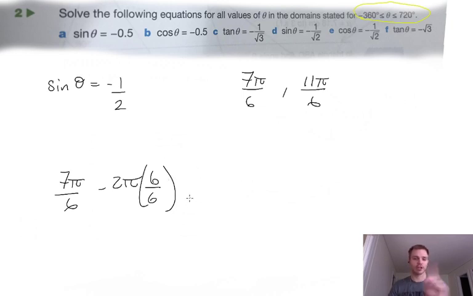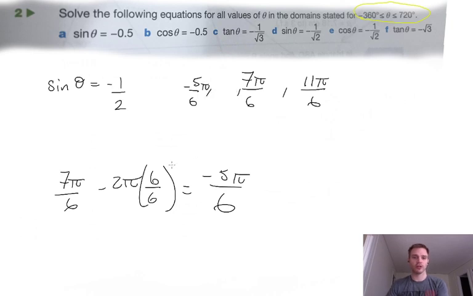So we're subtracting 1 period of sine from this. So this is going to be 7 minus 12. Okay, so 7 minus 12 is negative 5 pi over 6. So this is going to be one of our angles. That's going to be in the negative 360 to 0 range.